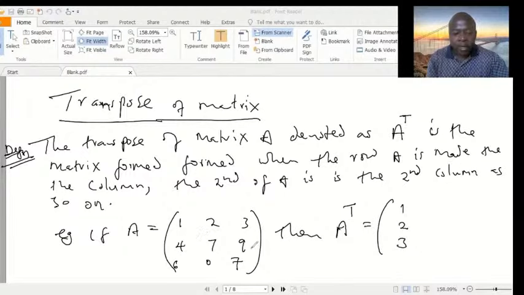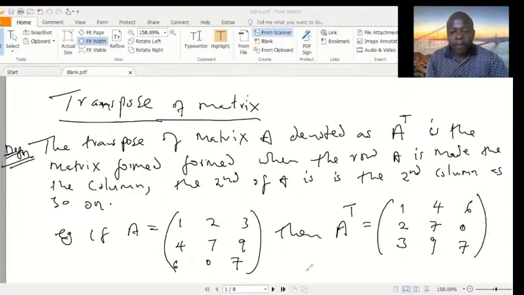The second row make it the second column: 4, 7, 9. And the third row make it the third column: 6, 0, 7. So this is the transpose of A. So this is how you find the transpose of a matrix.